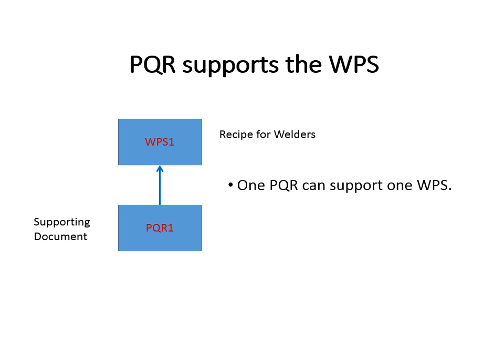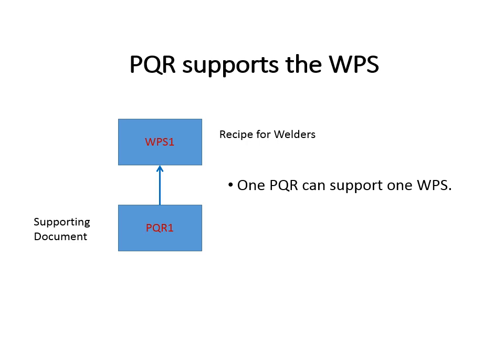Okay, so while we're talking about qualification in Clause 4, I'm going to kind of go off into the weeds here, get off on a sidetrack, and talk about PQRs and supporting WPSs. So a WPS and a PQR is not a one-to-one relationship. You can have one PQR supporting one WPS.